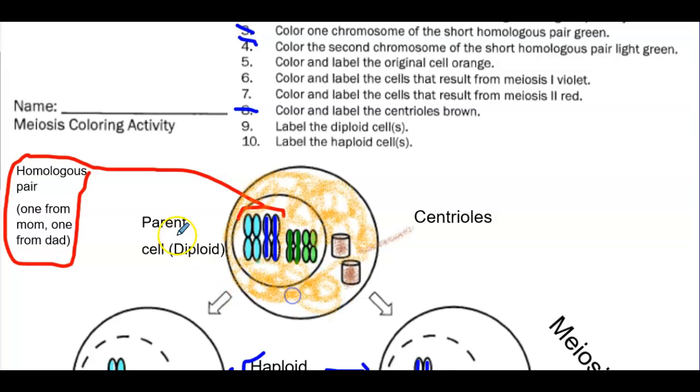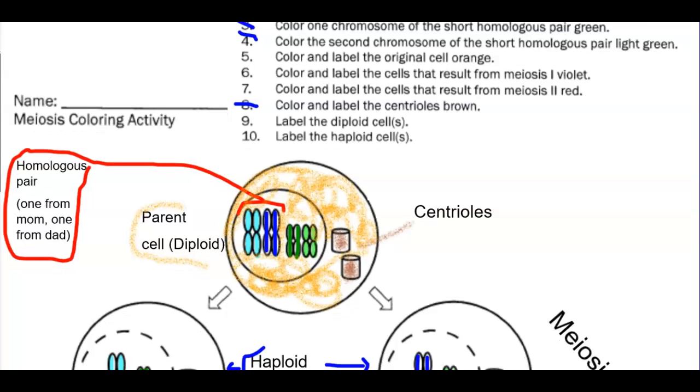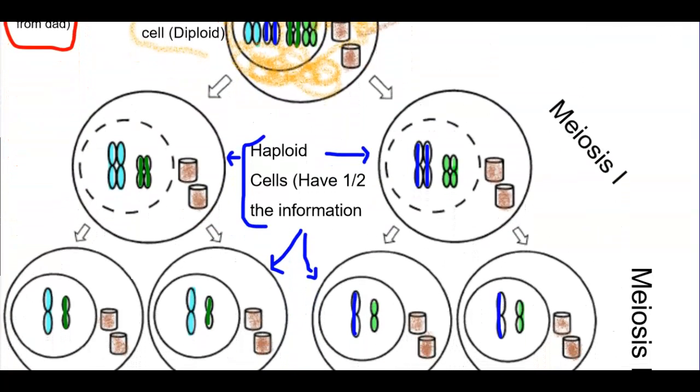Okay, so I labeled mine parent cell, and it is diploid because it has 2 long chromosomes and 2 short chromosomes that are slightly different from each other. So that's diploid. My middle cells here after my first division are going to be colored violet or purple.